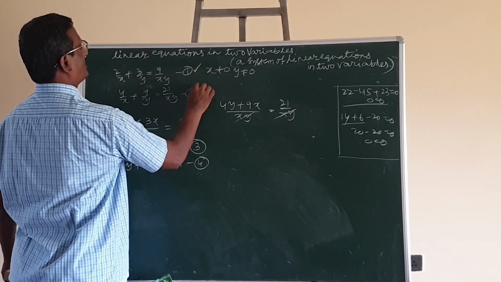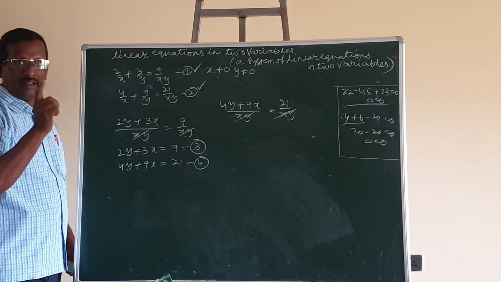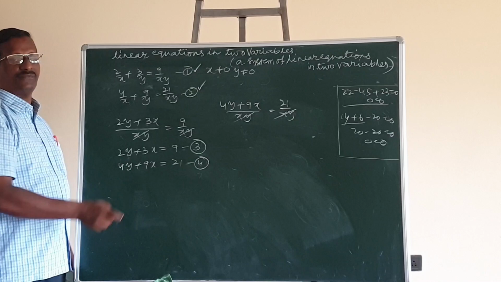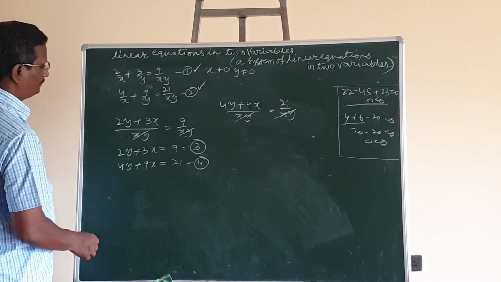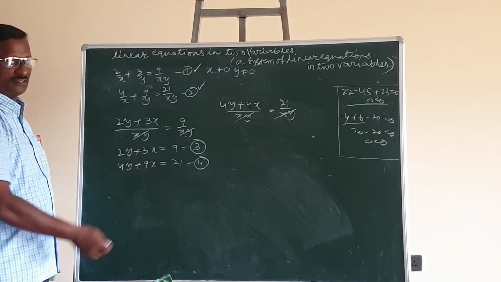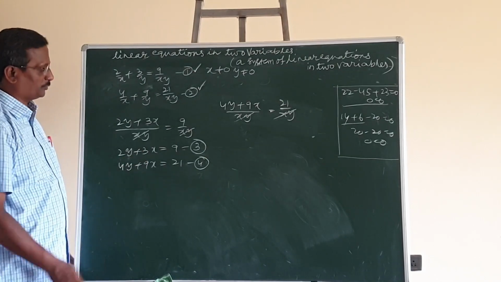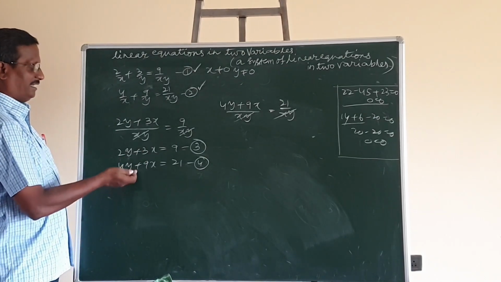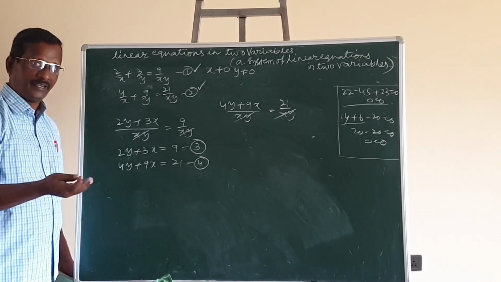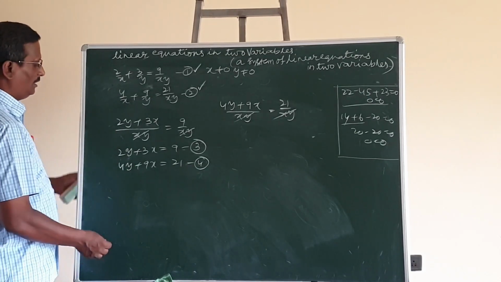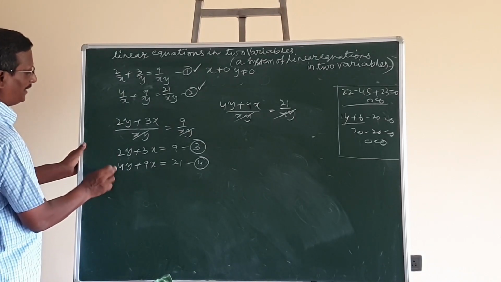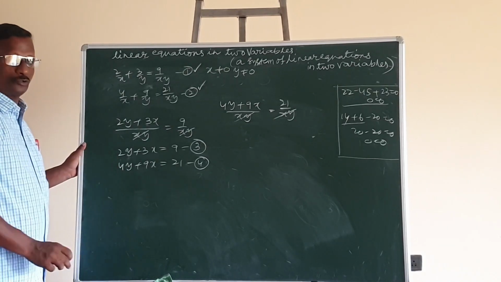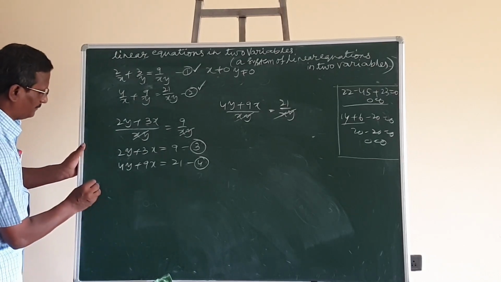Whatever is the solution for equations 1 and 2, exactly the same is the solution for equations 3 and 4. Now, here also both x coefficients are positive, y coefficients are also positive, and it is equally easy either to eliminate x or to eliminate y. Now I want to eliminate x because it is a simple number: multiply equation 3 by 2 so that the x coefficients become equal.